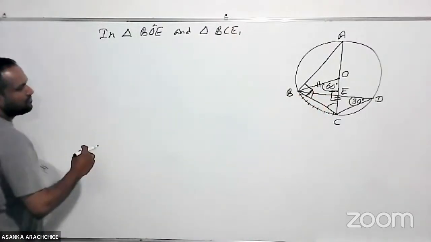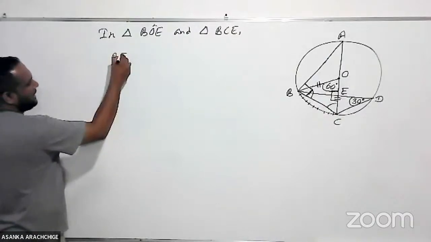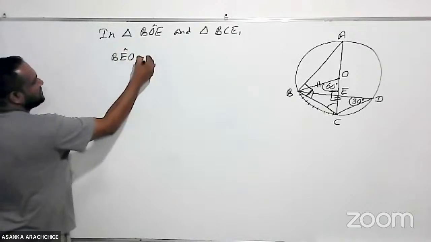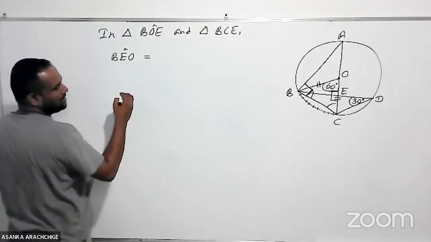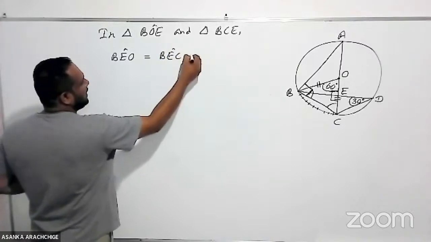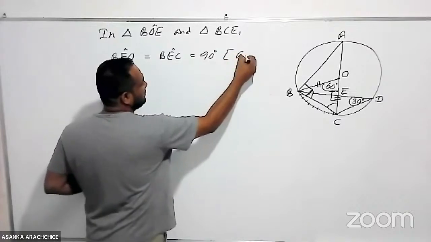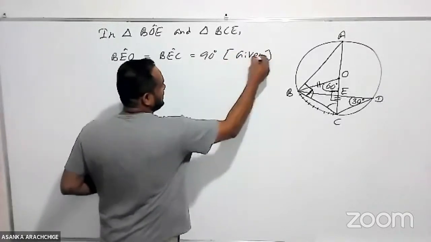You can see angle BEO is equal to angle BEC, both are right angles. That is given.